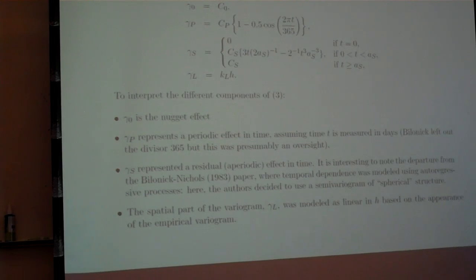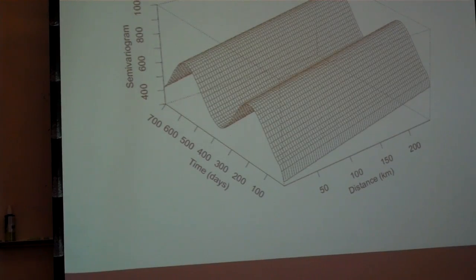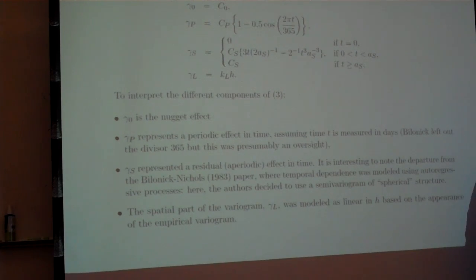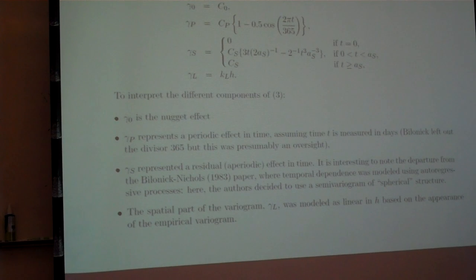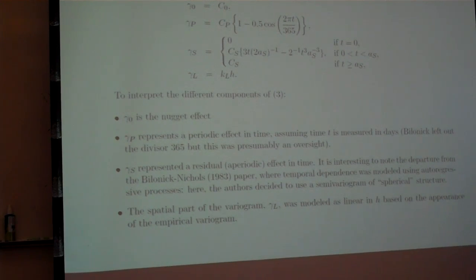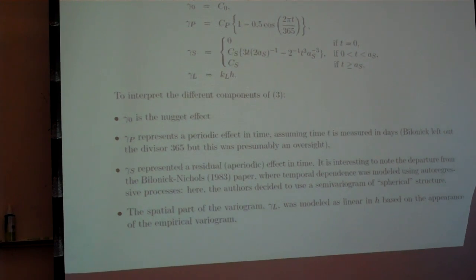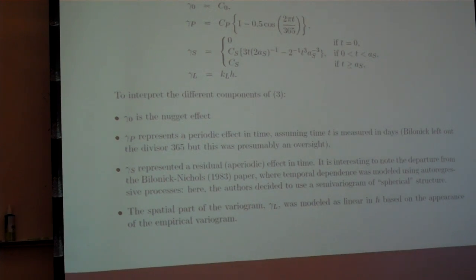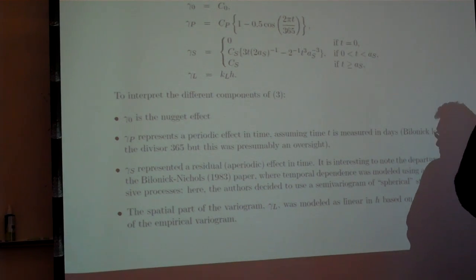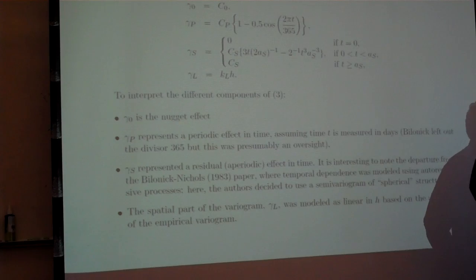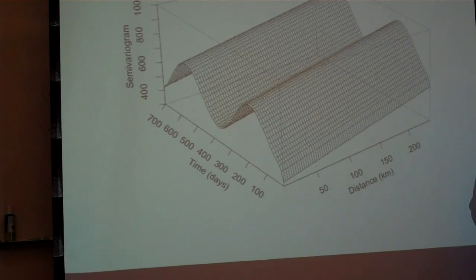So if we have some seasonality or periodicity, we need to actually account for that, plus the temporal variogram, and then the spatial one. All three of those things are in here. So here's what the actual variogram function looks like.